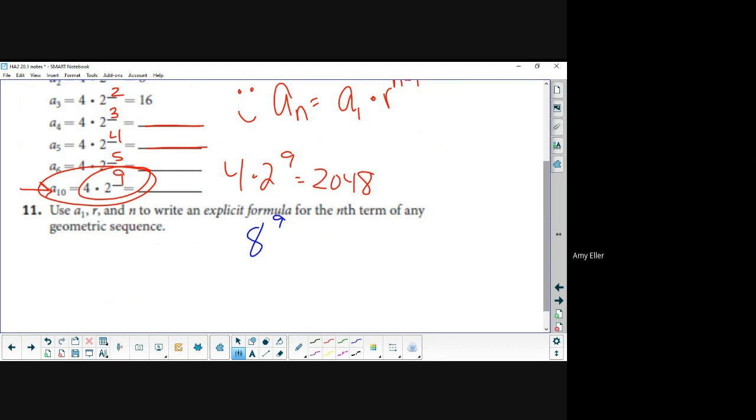What do we think? No, don't make that mistake. 8 to the 9th power is a huge number. If you look here, the 2 has the power of 9. The 4 doesn't. But by combining them together, you've just said, hey, now it does have the power of 9 and it shouldn't. They must stay separate. That's why we do order of operations. Exponents come first. So 2 to the 9th, and then we multiply.